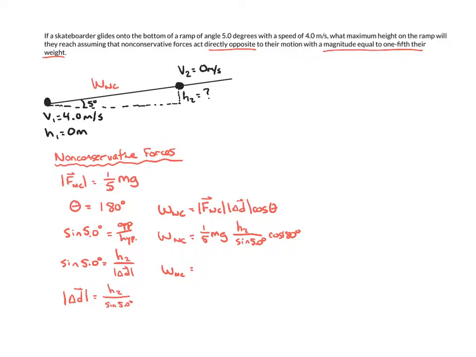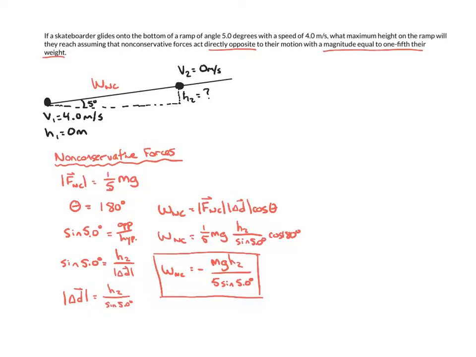I'll just combine the denominators together and the numerators together. So this is going to end up being negative mg h2 over 5 sine 5 degrees. So that's my expression for the work done by non-conservative forces. And that's why this question is so complicated.